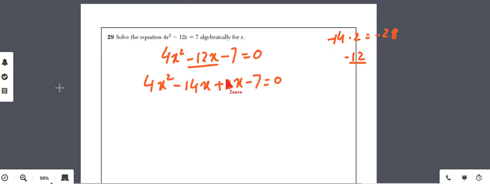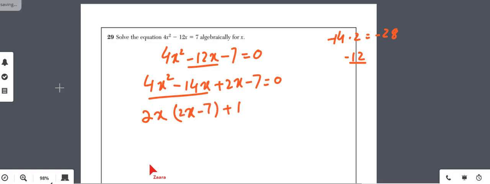If I take common from the first two terms, the factor is 2x, and I will get 2x minus 7, and from the next two terms 1 is common, so I will get 2x minus 7, equals 0.